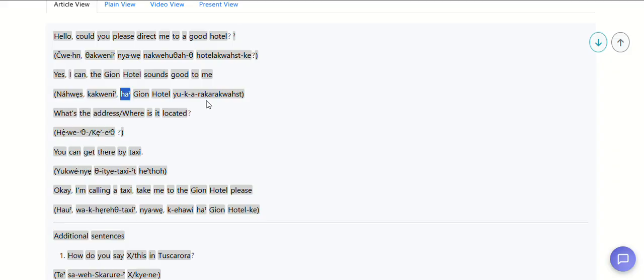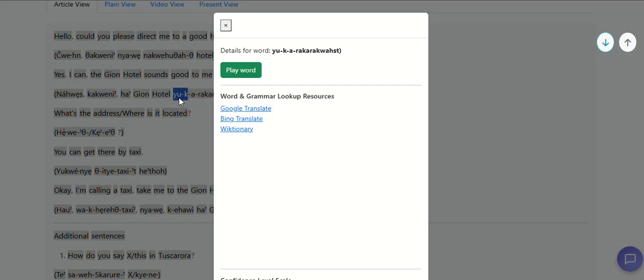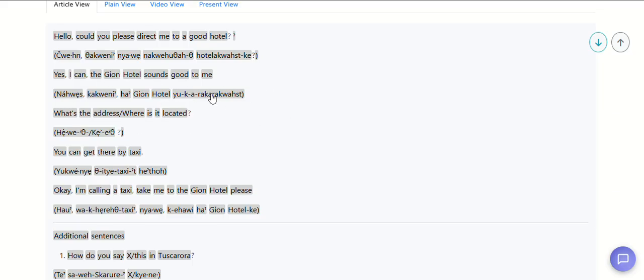You don't need to put the it because sounds already has the s at the end, so you know it's a third person singular. That is kind of implied, but in Tuscarora, whenever you say something like that where we don't need it, they have to put that it there. And since it's animate, it's Yuk. Or at least that's my understanding of it right now. This may change, but as of today, this is how I'm understanding how you would say it.